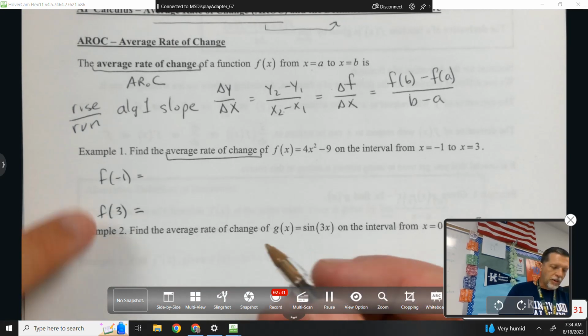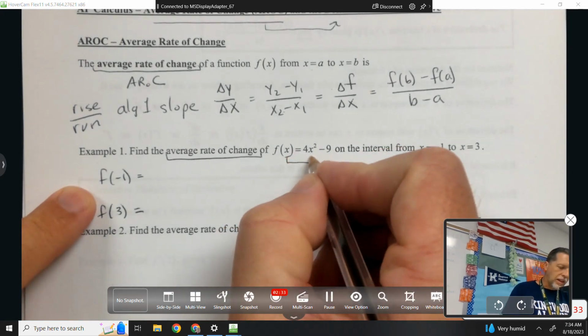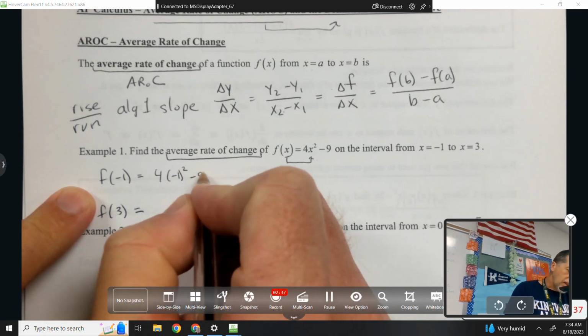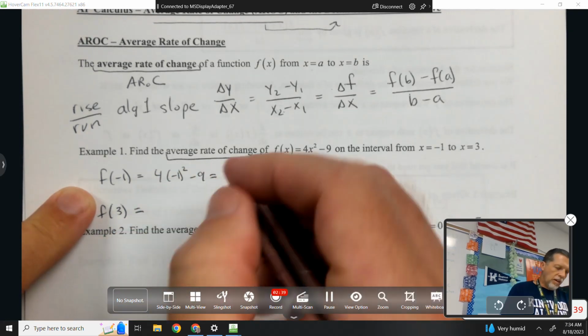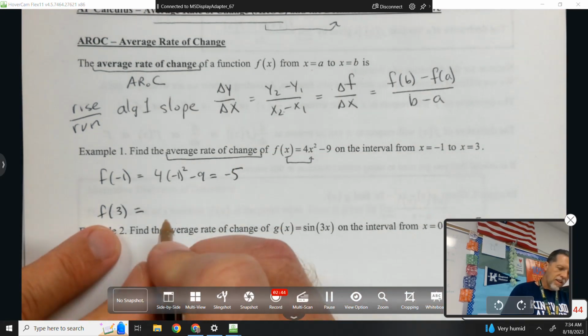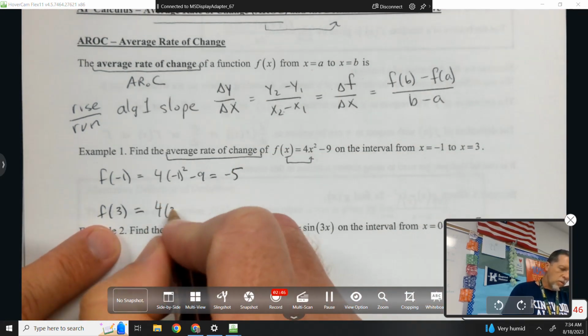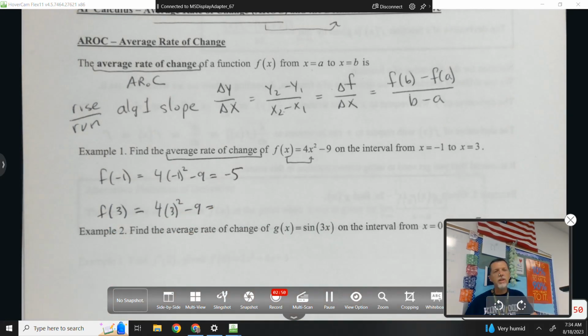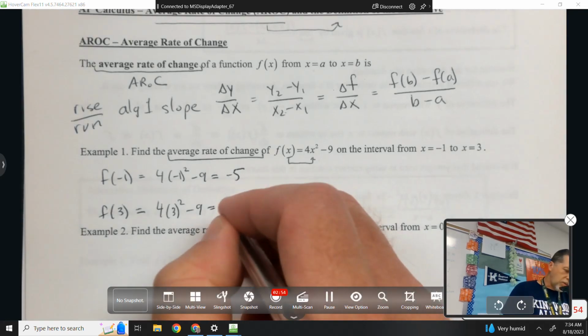Just plug in -1 and see what you get. 4 minus 9, -5. Then 4 times 3 squared minus 9. So a little bit harder. 9 times 4 is 36, minus 9 is 27.